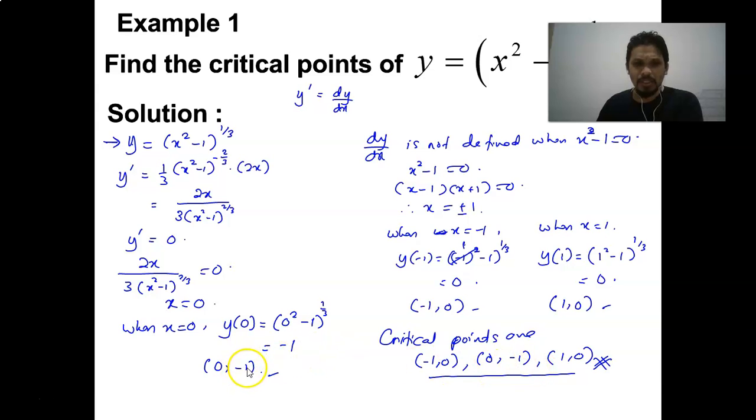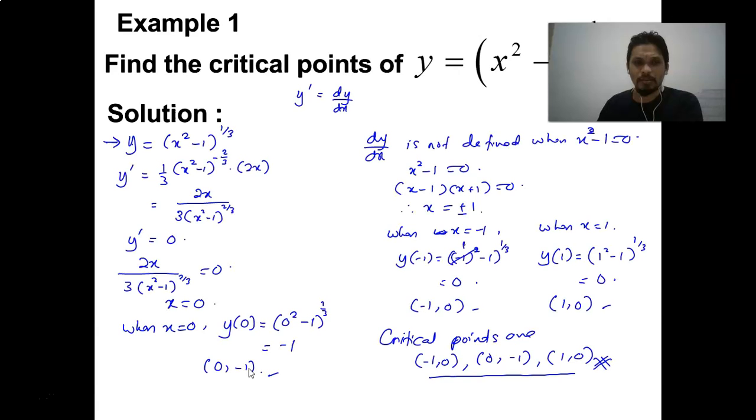Okay, let's try. The function of this, y equal to x squared minus 1 to the power of 1 over 3. How do you say this?